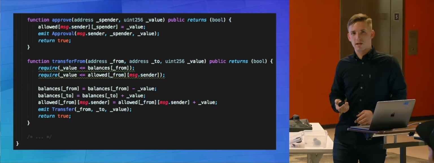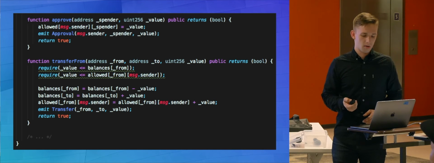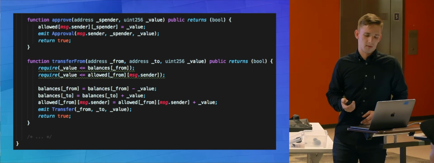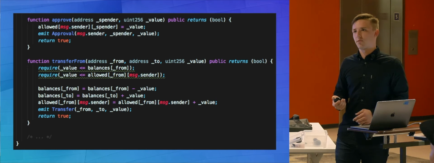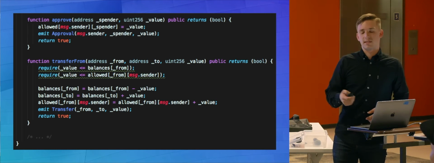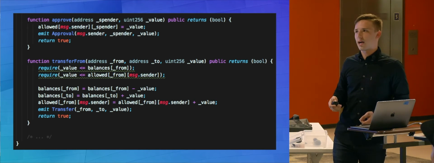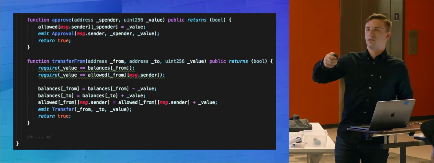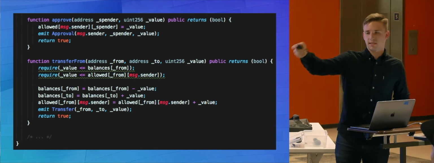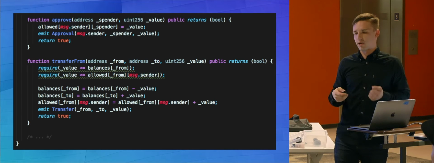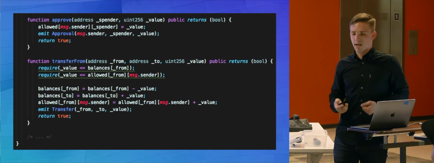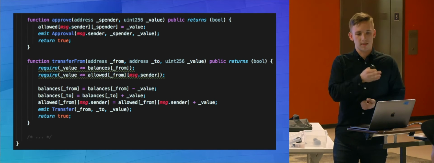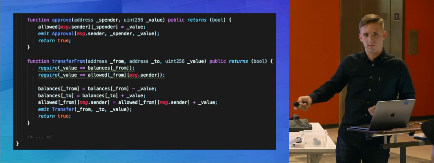And that question, why would someone want to let someone else spend their tokens? Well, there are scenarios such as escrow, or say I have a decentralized exchange and I want that DEX contract to know about the transfer of my tokens. Well, when I just call regular transfer, I'm hitting the token contract, the contract that we're implementing.